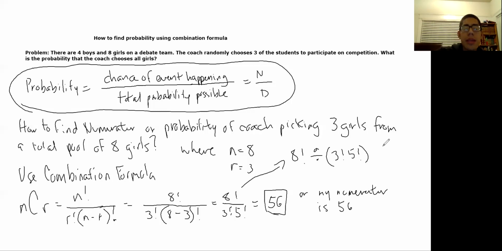Side note, if you're using an iPhone, you're going to want to turn your cell phone sideways. When you turn your phone sideways, it'll give you a bunch of options, and factorials, I'm sure, will be somewhere there.